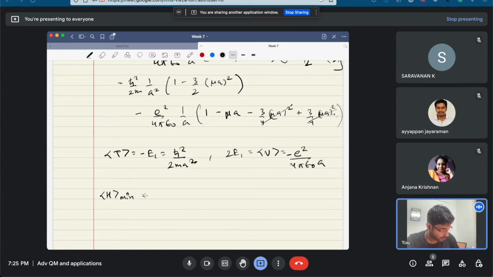is you get E1 minus E1 here with 1 minus 3 by 2 mu a square, and you get plus 2E1 times 1 minus mu a.